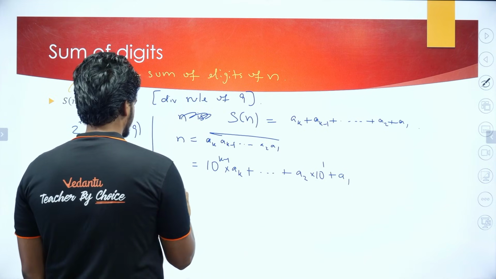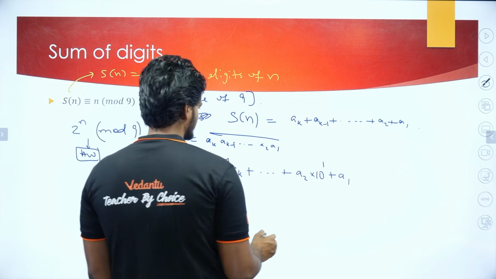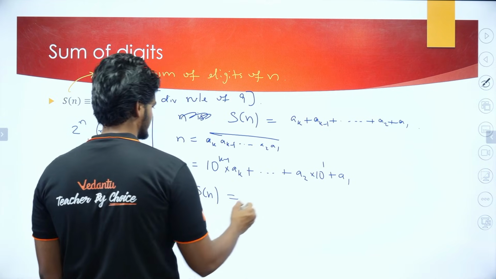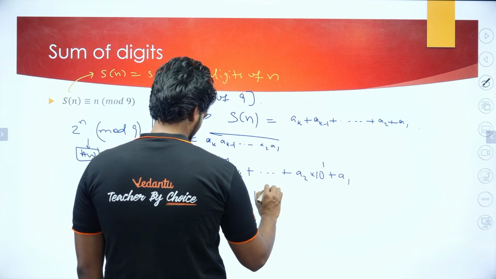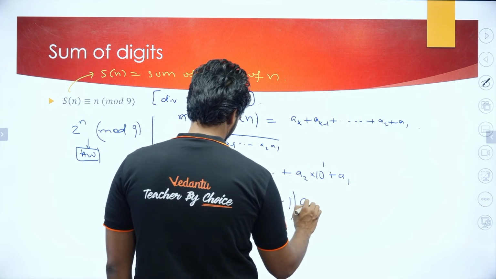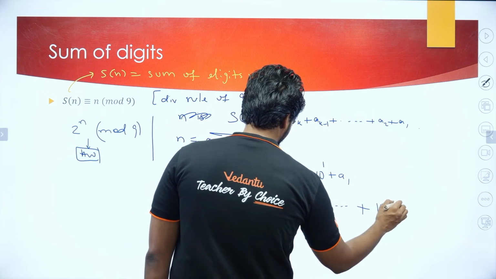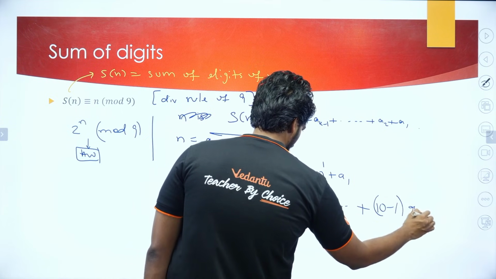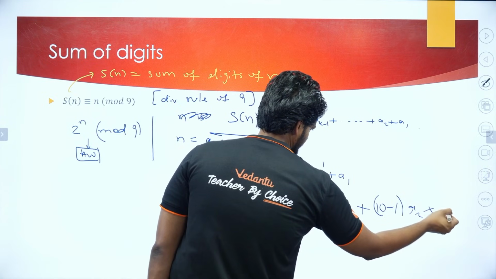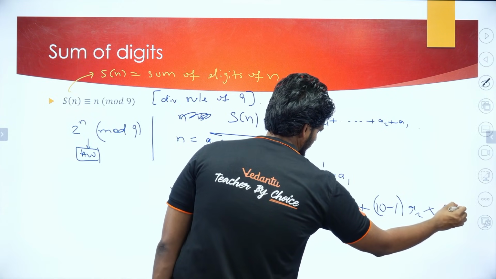So if I subtract n minus Sn, that will simply be 10 power k minus 1 minus 1 into ak, plus go on till 10 minus 1 into a2, plus 0 into a1.